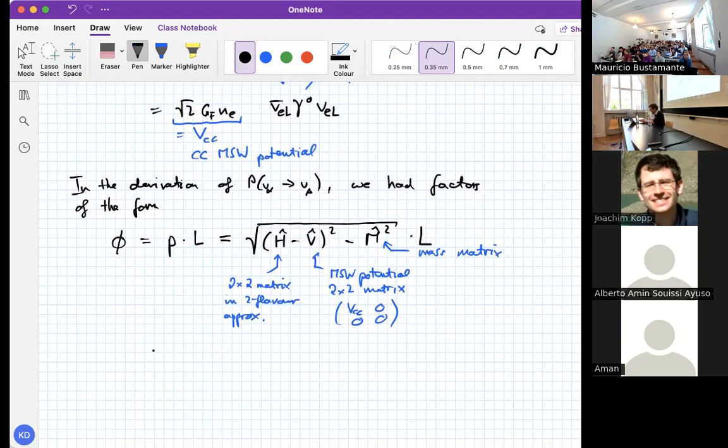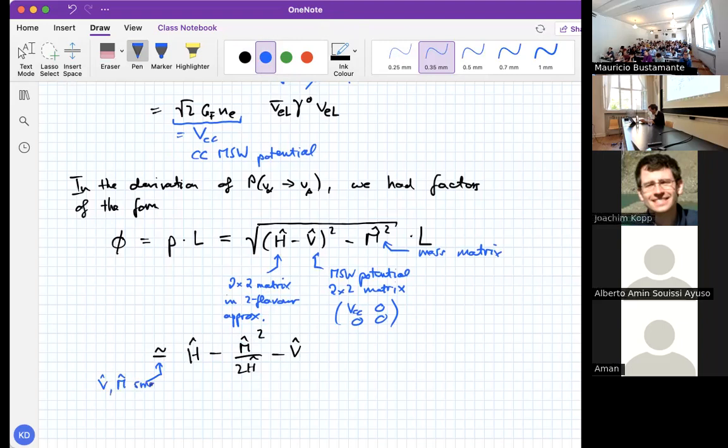Now we can again use the fact that neutrino masses are small. So I can write this as approximately H minus m squared over 2H minus V, using the smallness of both V and m.